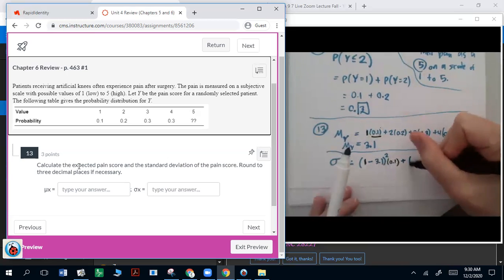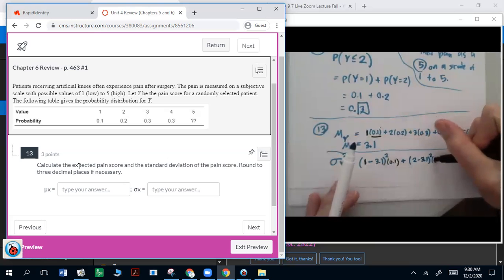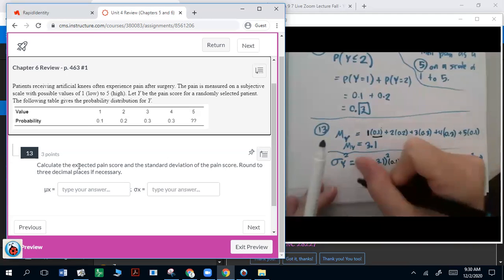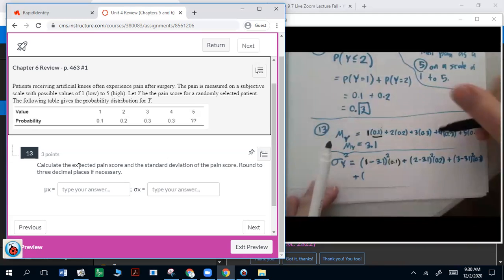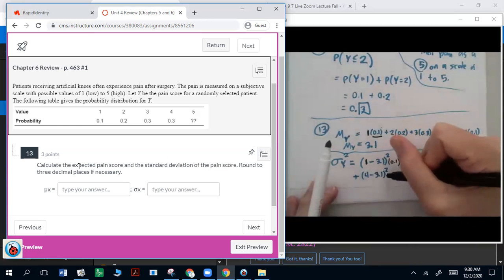We do 2 minus 3.1 squared times its probability. You do the same thing with the 3 times its probability. Now I'm running out of room, so I'll add that over here. 4 minus 3.1 squared times its probability, which is 0.3.